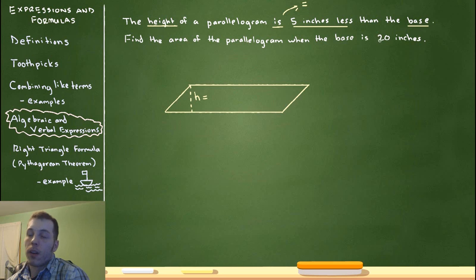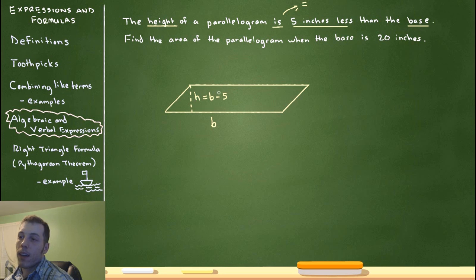We do know what the base is. We know the base is 20 inches, but let's pretend that's not here at this point. Let's just say the base is B. Now, 5 inches less than the base is going to be B, and then 5 less would be minus 5, right? So the height is 5 less than B.